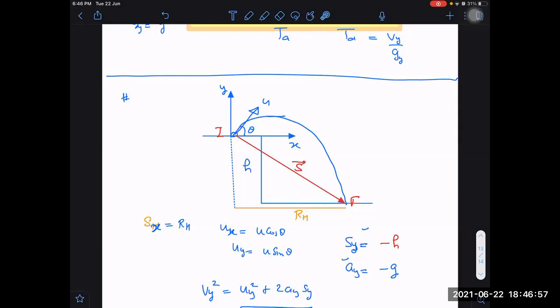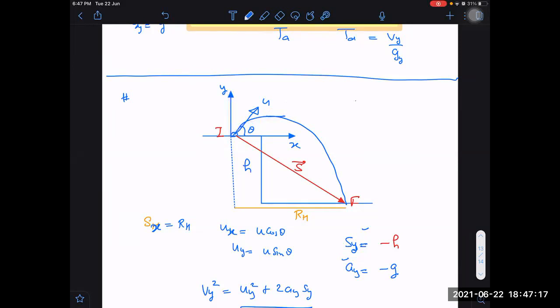Can you just keep this advice in your mind, that whenever there is a question of time of flight, then remember that at the highest point we have to take velocity as 0, and we have to write the equation along the y-axis. Can you keep it in mind? Yes, sir.